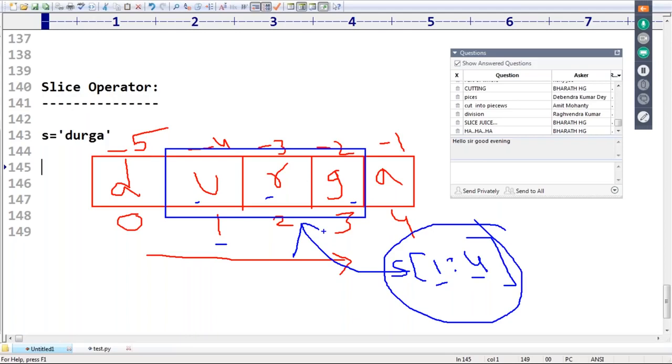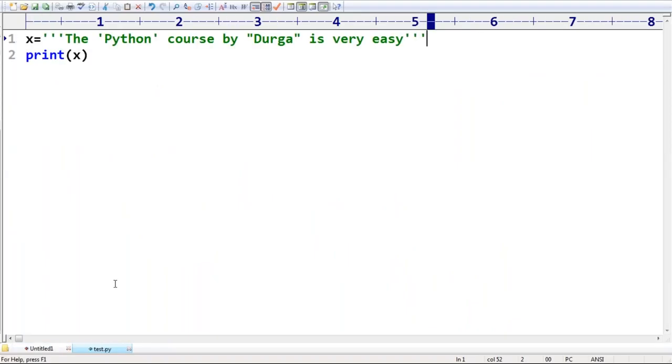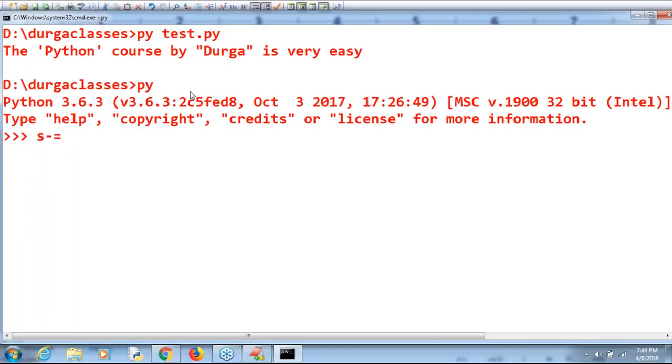Now the syntax, from this diagram be aware. Python supports both positive and negative indexes. Positive index means forward direction. Negative index means backward direction. Here S is equal to Durga. S of 0, which character are we going to get?